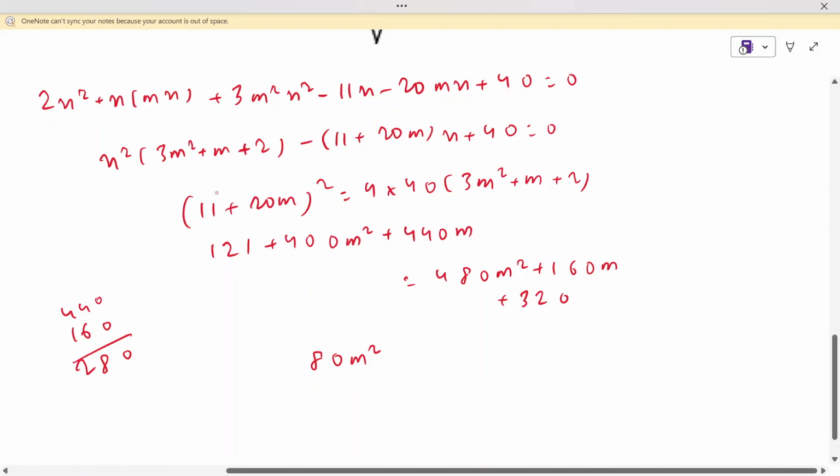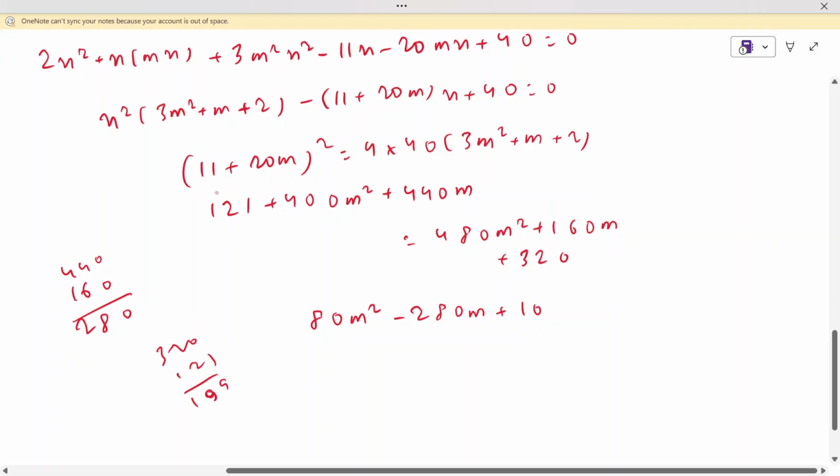So minus 280 m, and plus this will be 320 minus 120. So 9, and this will become what? Again 102. Just a minute. I guess it is 189. 10 minus 9, or 11 minus 12. 99, I guess.